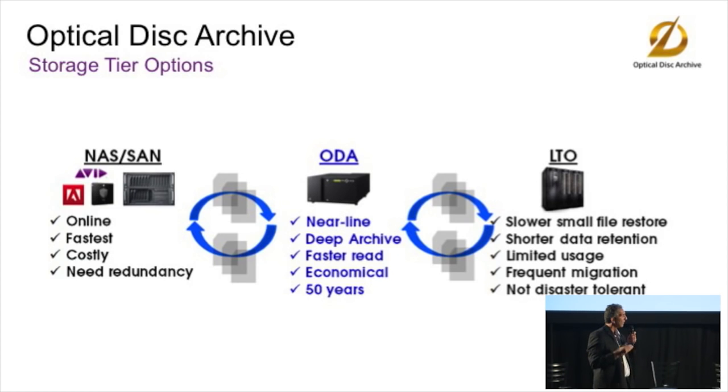And then on the right, if you consider nearline type archive and deep archive solutions, LTO has limitations in respect to frequent migrations that I stated, in terms of accessing that content, and in terms of the shorter data retention. It's 30 years compared to 50. The way ODA is positioned, it's really a combination of tiers. It's positioned as a nearline and deep archive, or a true archive in that respect. So it's a combined tier of nearline and archive.